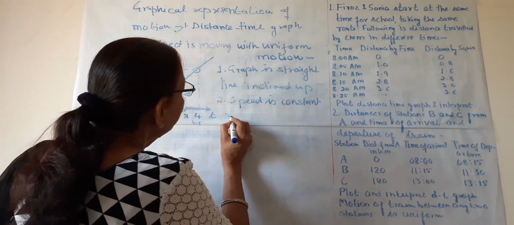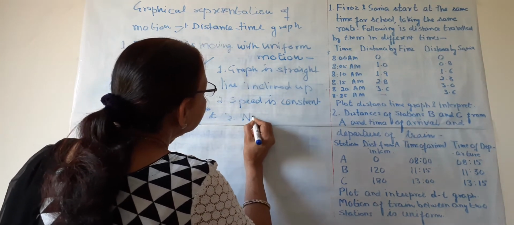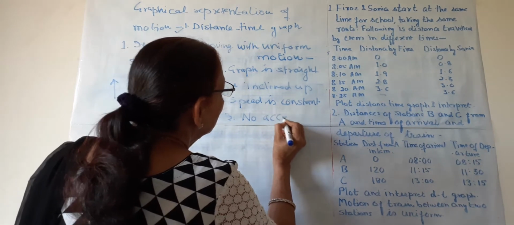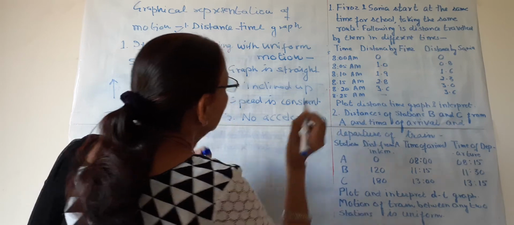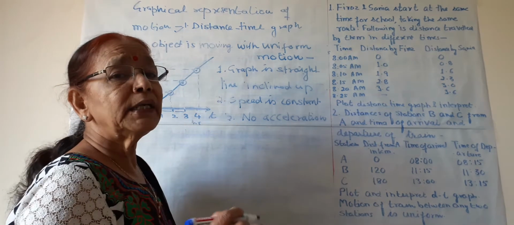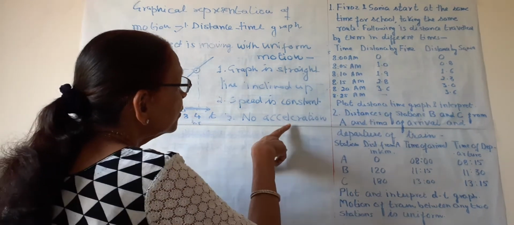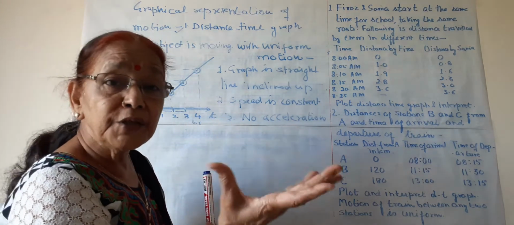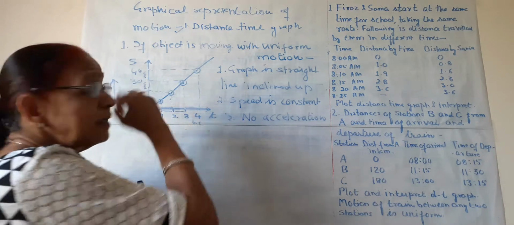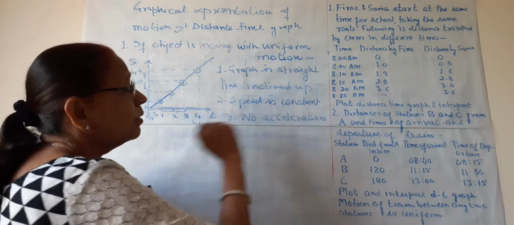And the third point we can say, no acceleration is there. Why no acceleration? All of you know what is acceleration. Why acceleration is not there? Because acceleration is always possible when there is change in speed. Here speed is not changing, it is constant.